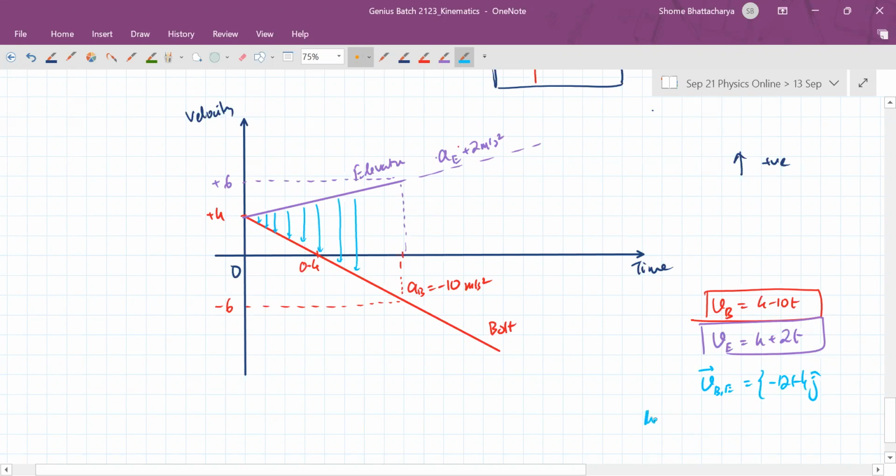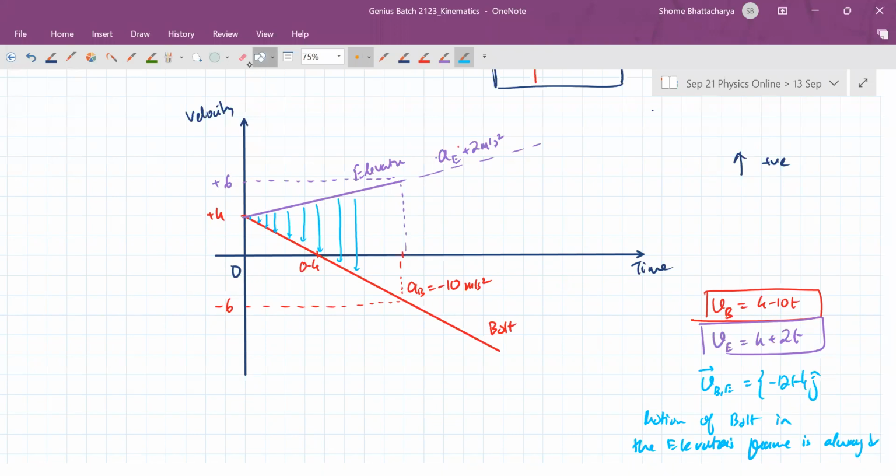So the motion of the bolt in the elevator's frame is always downwards. So in the same thing, if you look at the relative motion of the bolt with respect to the elevator, that will look like a graph like this.